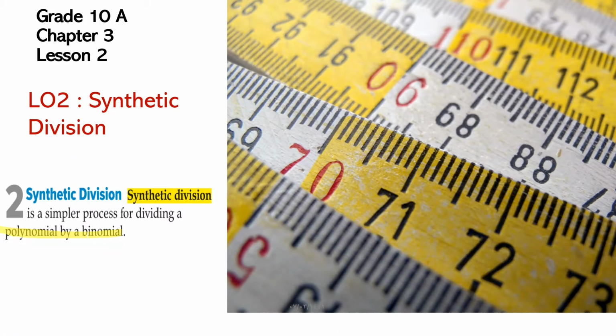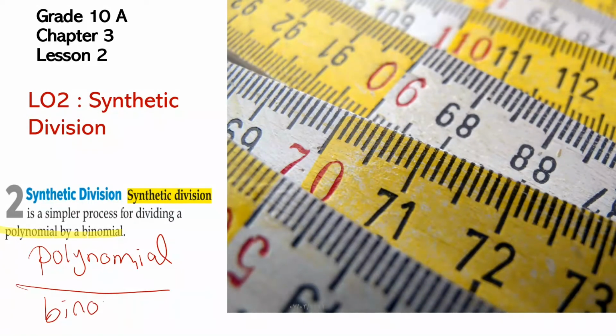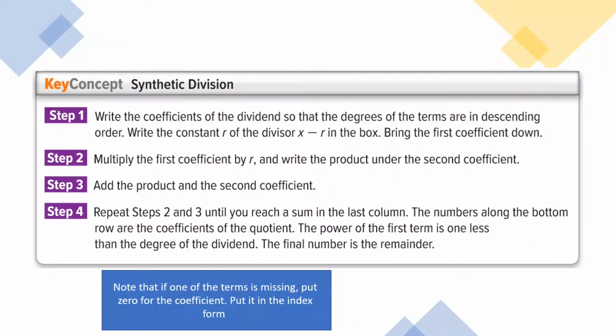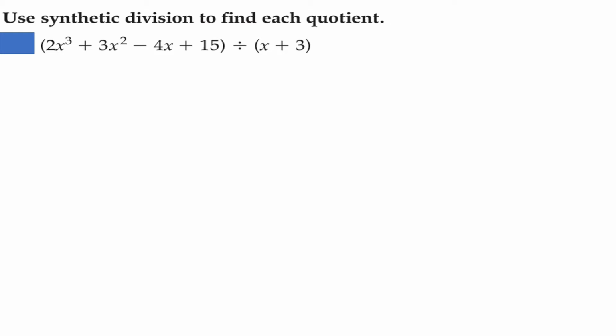So you have to know that it is used to divide your polynomial over a binomial. Pay attention to this. Now, these steps you can revise by yourself. You have the steps already. I will be explaining them in a simpler way.